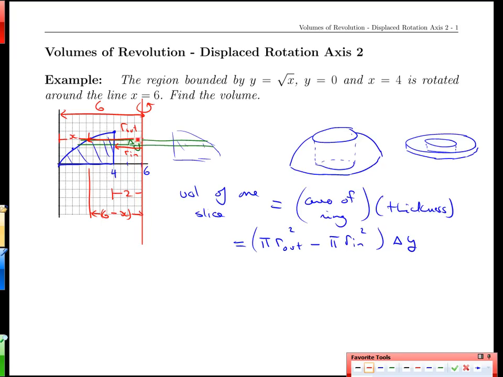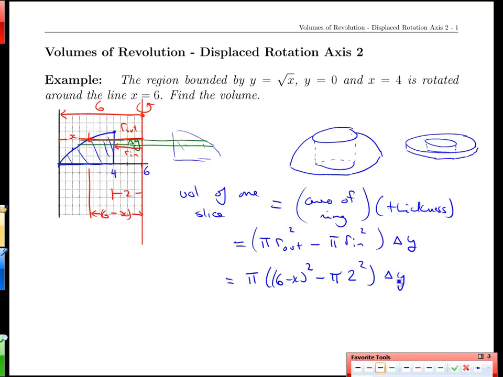So our outer radius is 6 minus the x part there. Let's see how that plays out. So we'll have pi, outer radius is 6 minus x, all squared. The inner radius, the distance from the center of rotation here out to that central core, is always 2 units, and delta y.